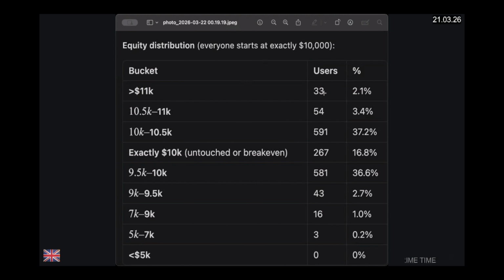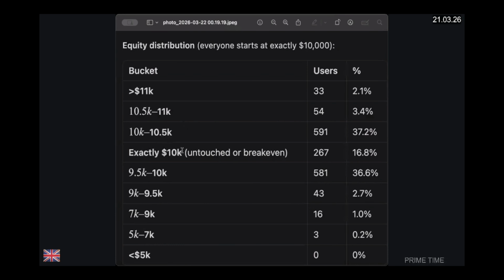33 users have crossed 11,000 with 2.1%. In the rest 10,000 to 11,000 bucket, 54 users have crossed that volume.